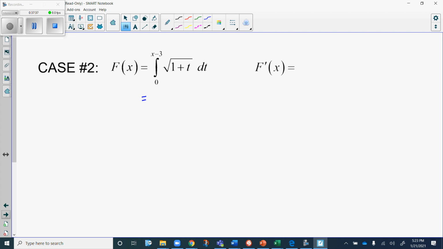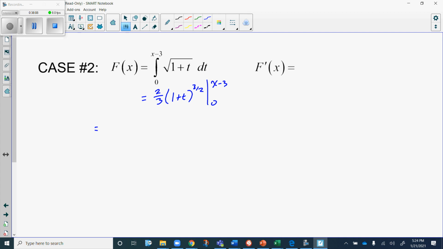Okay, the antiderivative in this case, the expression, will be 2/3 times 1 plus t to the 3 over 2 power, and we're evaluating it from 0 to x minus 3. So again, we're going to take the upper and lower bounds and substitute them in there. And let me move this over a little bit because it's going to take up a little bit more space horizontally now.